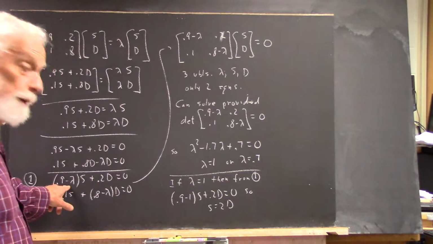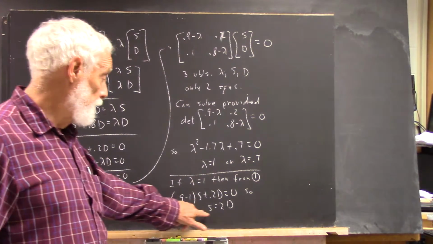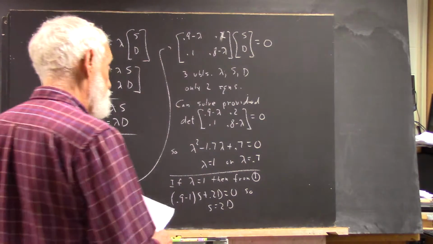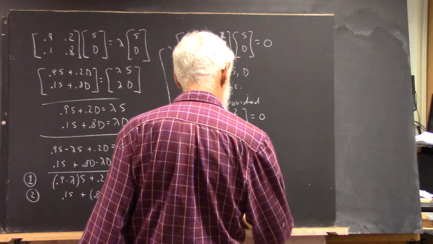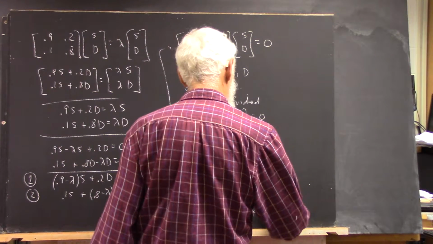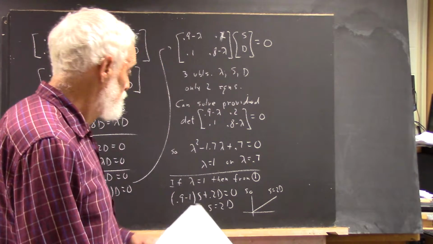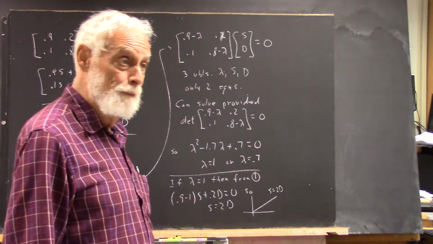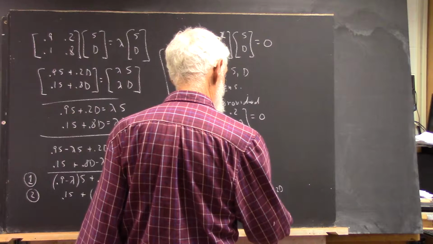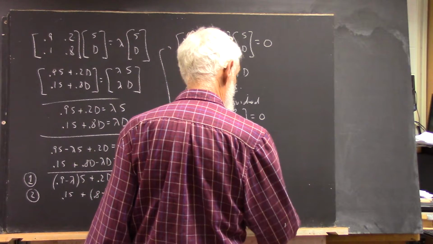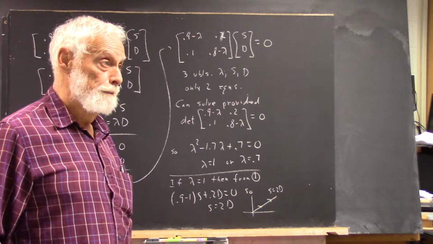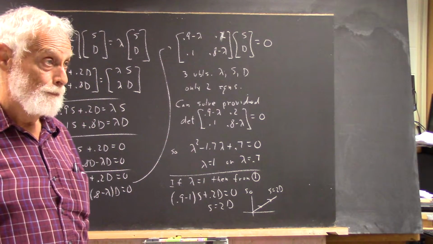You plug lambda in, plug 1 in for lambda, and you find S equals 2D. Okay? Where does S equal 2D? Along a line that looks like this. So any vector along this line, this vector or this vector, any vector along that line is an eigenvector. Okay?